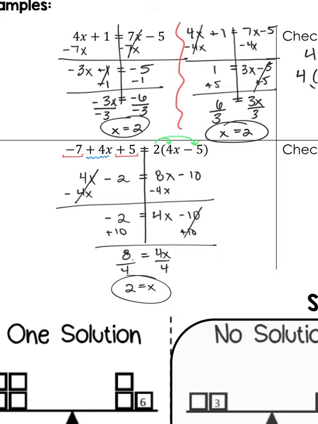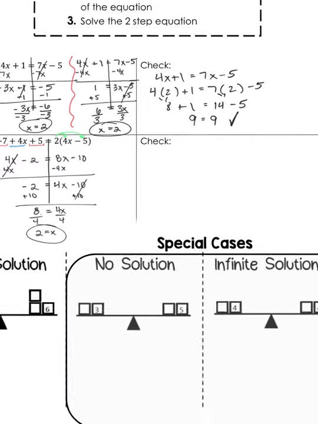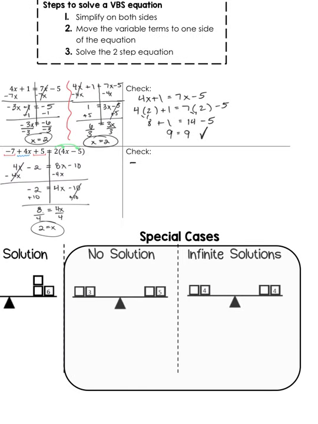To check my work, anywhere there is an x in my original equation, so I'm going to go back to the very first one I started with before I simplified anything. Anywhere there's an x, I'm going to substitute in a 2.